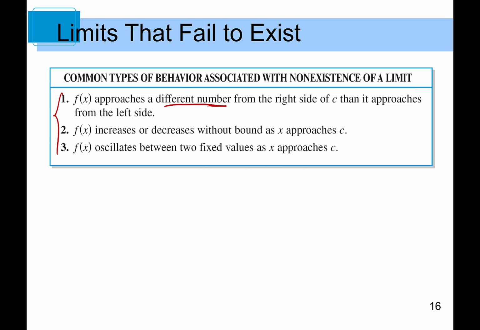Second, f of x increases or decreases without bound as x approaches c, and it becomes infinity, approaching plus or minus infinity from left and right. Third, f of x oscillates between two fixed values as x approaches c. So that's the third case where the limit fails to exist.